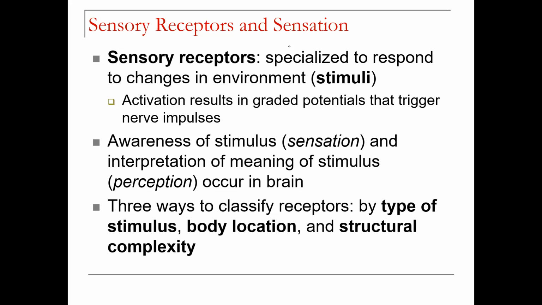The graded potential is a very localized depolarization event. That depolarization wave may or may not have gotten to the cell body of the neuron. If it didn't get to the cell body, then you didn't sense it.